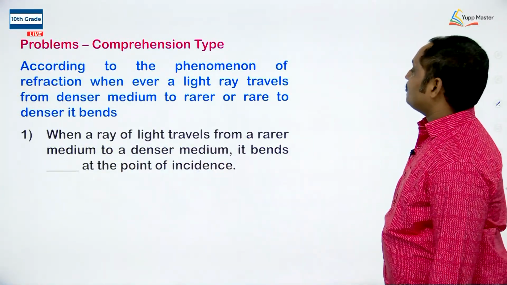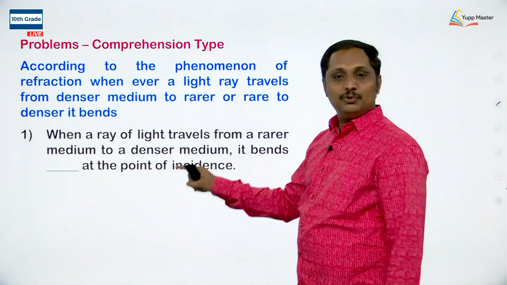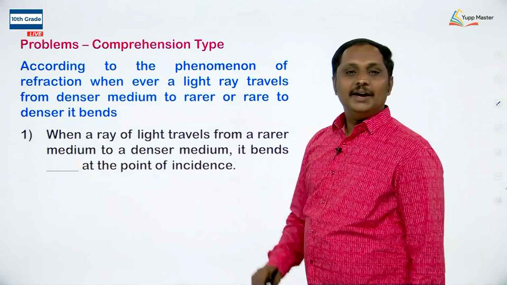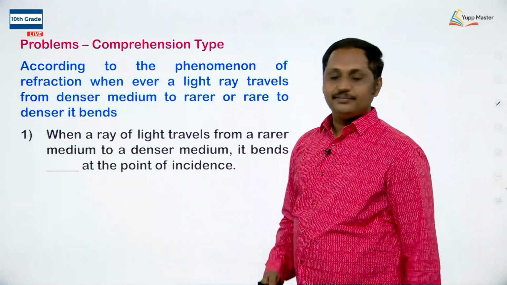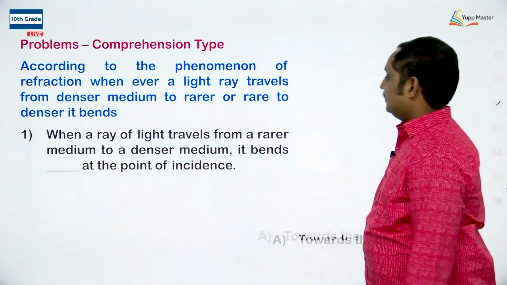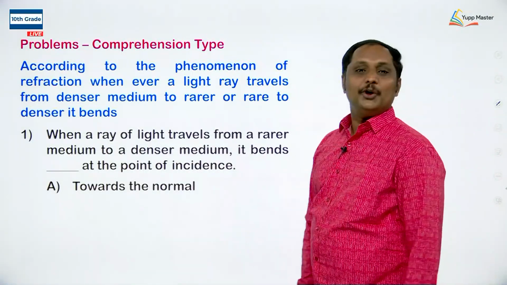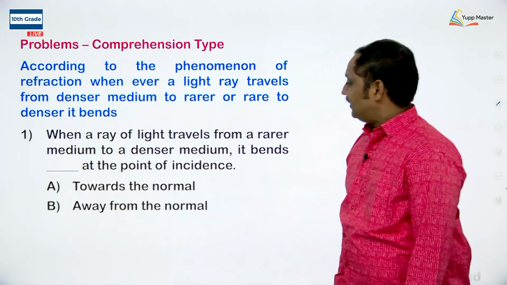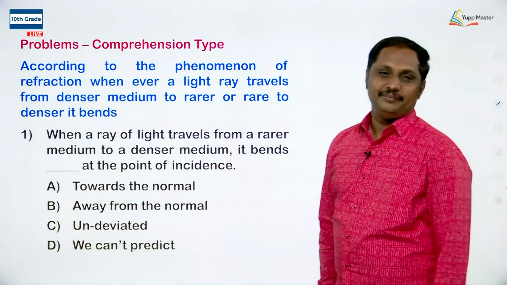When a ray of light travels from a rarer medium to a denser medium, it bends at the point of incidence: towards the normal, away from the normal, undeviated, or we cannot predict.